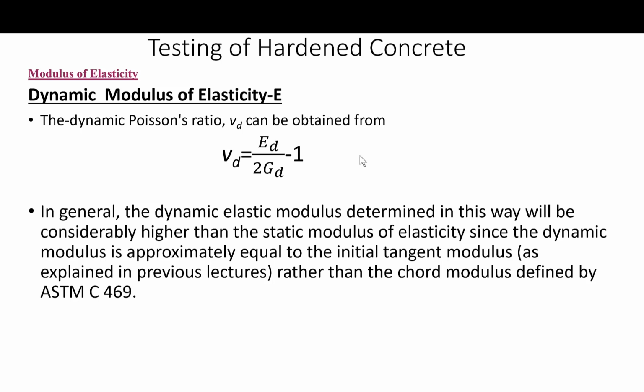Refer back to those lectures in the previous module, rather than the chord modulus, which is defined by ASTM C469. Okay, so familiarity with these terms, familiarity with these instruments and apparatus is key to using this setup. Okay.